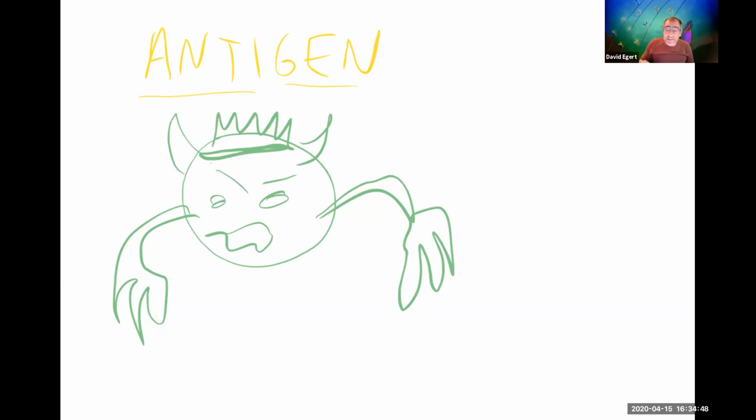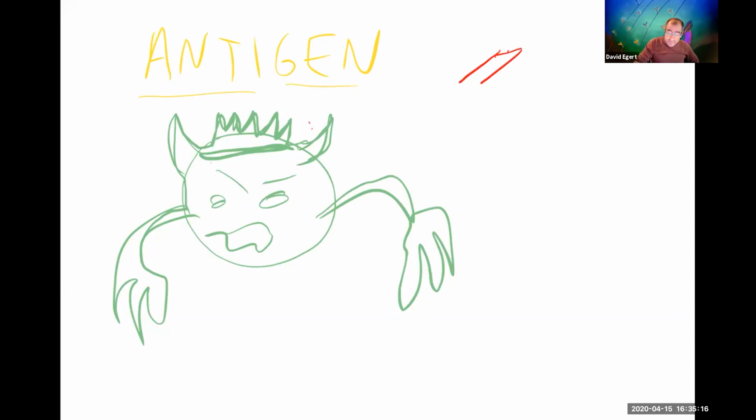It's got very distinctive shapes. I made it as a cartoon here, but in reality, there are very distinctive shapes on the protein coat that make up a virus or make up the outside of a bacterium or anything. And the antibody has those variable regions that can recognize a particular shape.